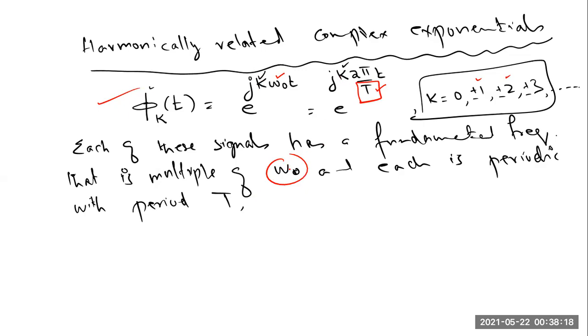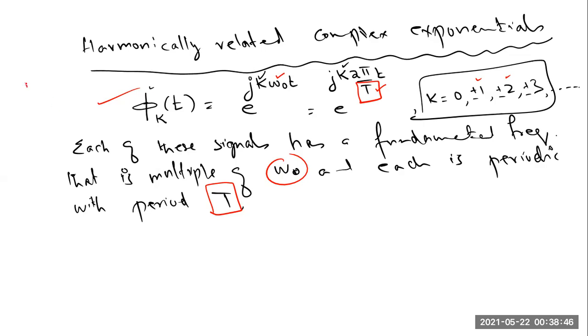Because its frequency has doubled, its fundamental period will be half, which means it will have a period of capital T by 2. But for a signal whose fundamental period is capital T by 2, capital T is also going to be a period of that signal, even though it is not the fundamental period.